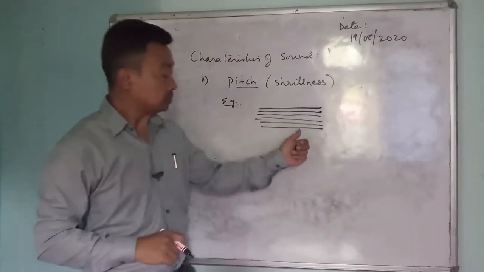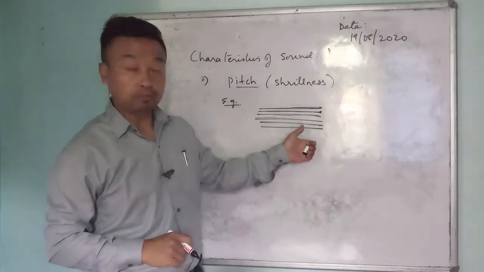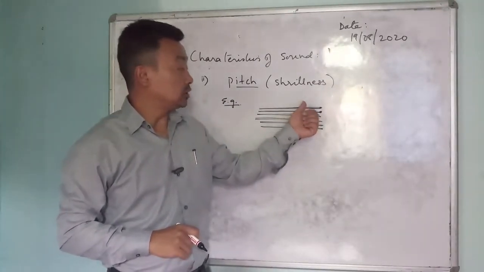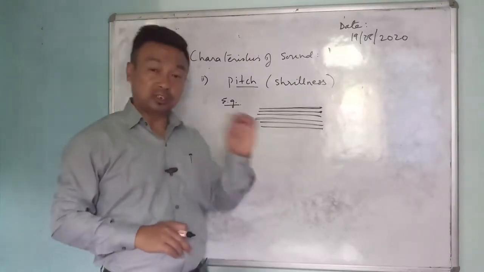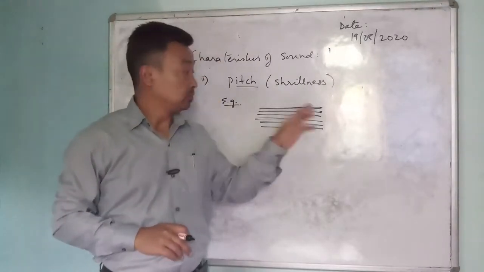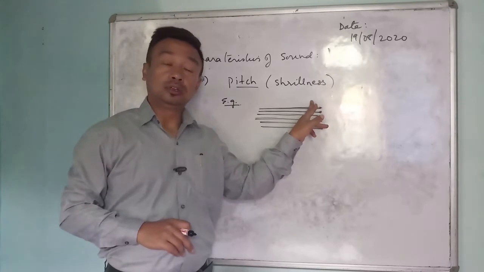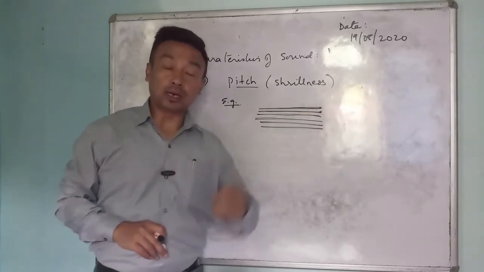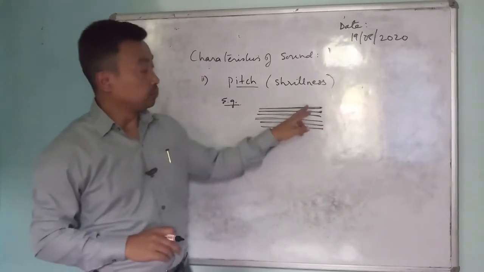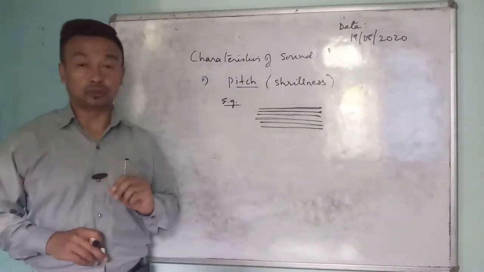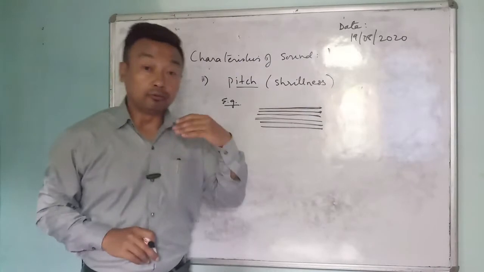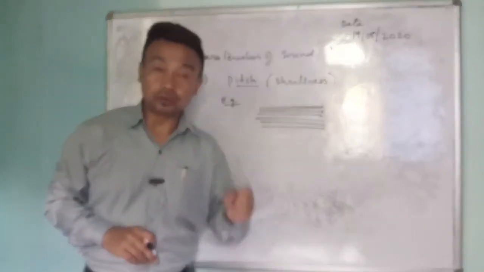Now, when the first string is plucked and when the sixth string is plucked, you get a different note. When the first string is plucked, it is a high pitch, very shrill, and in the sixth string it is a flat one and it is a grave sound, because both of them are struck with the same force, but there is a difference in their vibrations, the number of vibrations in a given time. So the frequency is different.